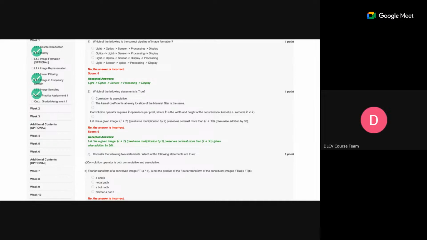No, but your image can have negative pixels, right? Value can be negative. Between 0 to 255. No, it need not be 0 to 255.